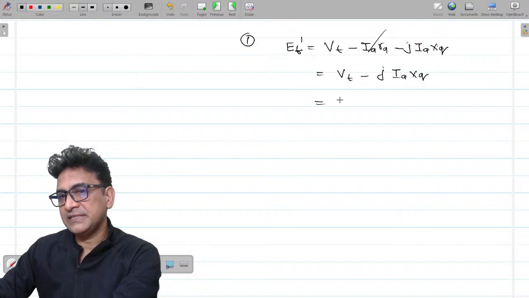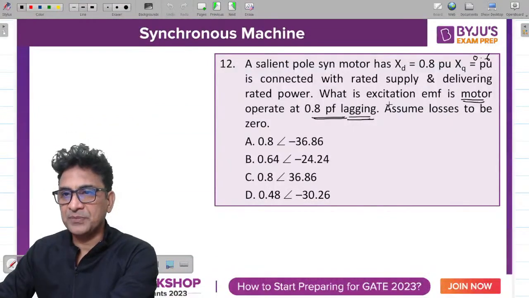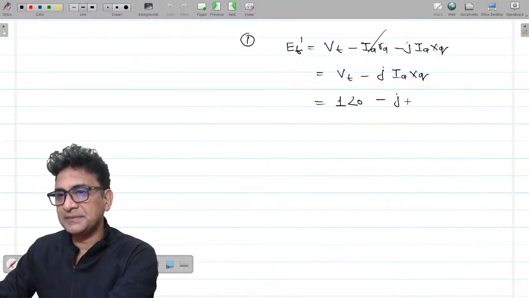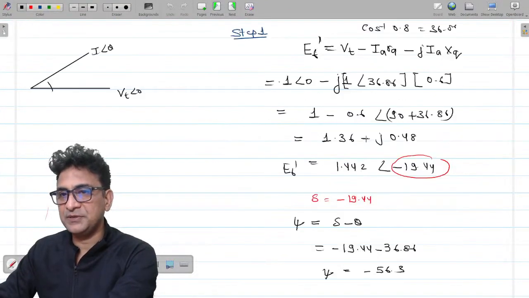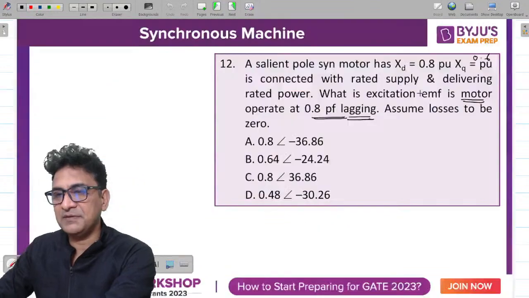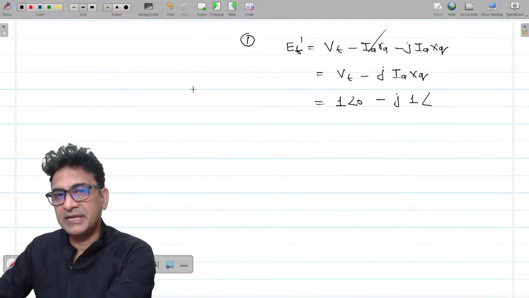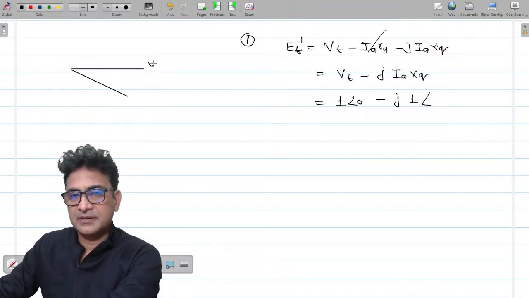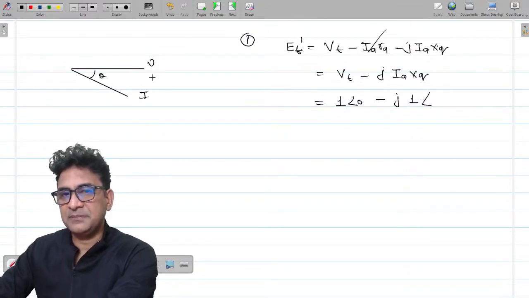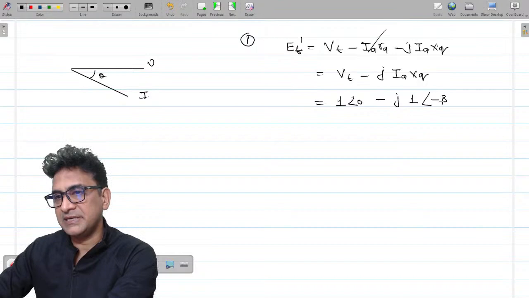If I take Vt as a reference quantity, it is Vt 1 angle 0 degrees minus j. What is the Ia? Ia is 1 ampere again, but here the current is lagging in nature. Earlier we used plus 36.86; here I will use minus 36.86. As compared to my voltage, the current is lagging. Current lagging means the angle of current will be negative as compared to voltage. It is at minus 36.86.